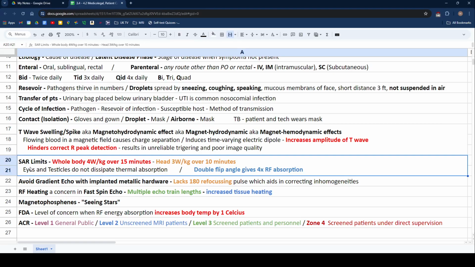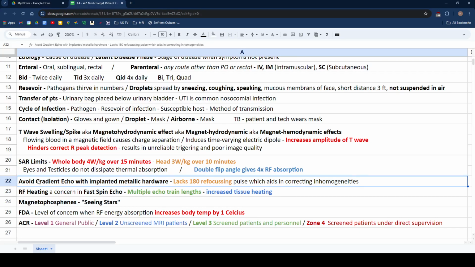There's a table for this next, but for SAR, the whole body limit is 4 watts per kilogram over 15 minutes. For the head is 3 watts per kilogram over 10 minutes. Eyes and testicles do not dissipate thermal absorption well. If you double your flip angle, you're going to get 4 times the RF absorption.